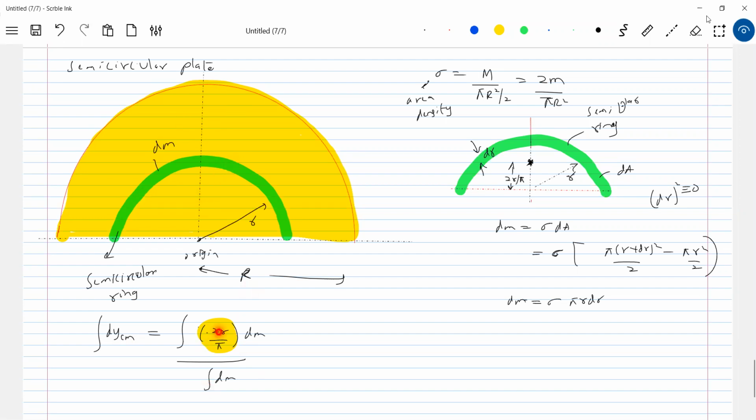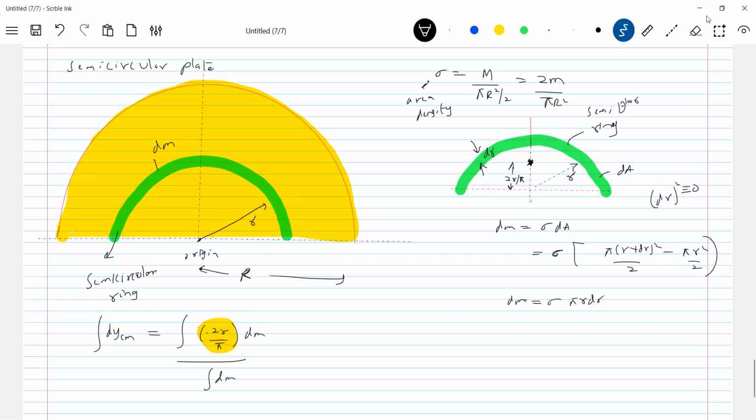Are you able to analyze here? You should not write r dm. But sir, earlier you wrote the distance at which it is located. Now the semicircular plate is made up of semicircular rings. The position of the center of mass of the semicircular ring should be substituted here. Able to make it out? The definition.